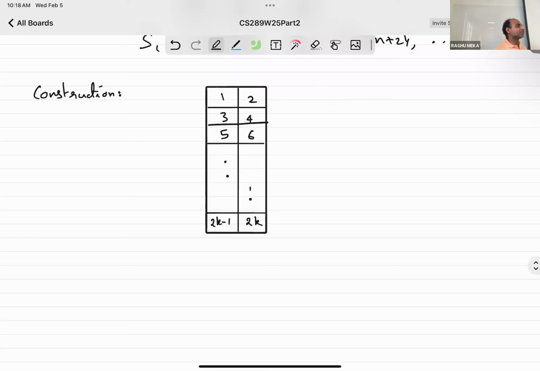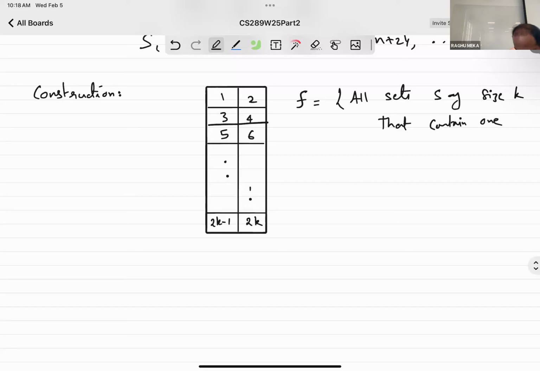So the family of sets is as follows. I'm going to pick a set family where every set has 1 element from each row. Okay. So F equals all sets S of size K that contain 1 element from each row.